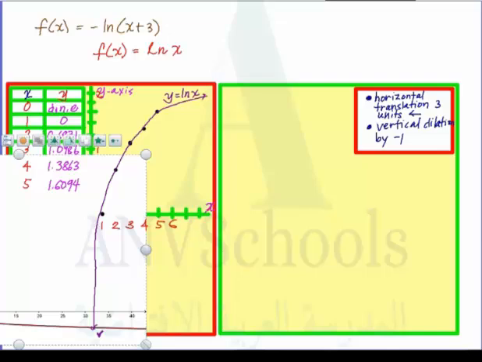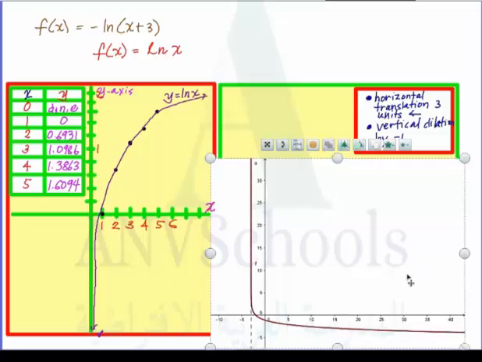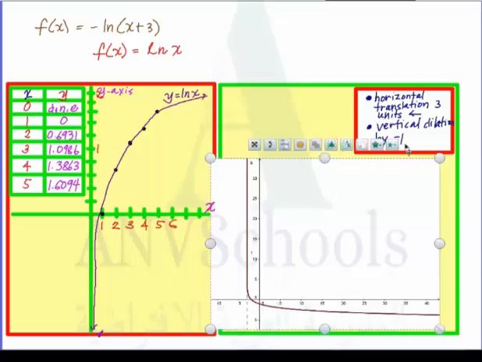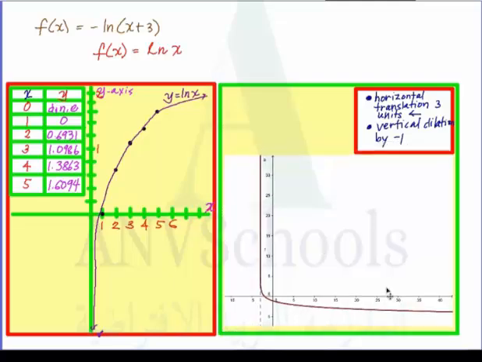Okay, so I'm going to try this. I prepared the graph already. So this is the graph, and I'm going to rearrange this for you. Okay, so this is what f of x is equal to negative ln of x plus 3 would look like. So this is f of x is equal to negative ln of x plus 3.